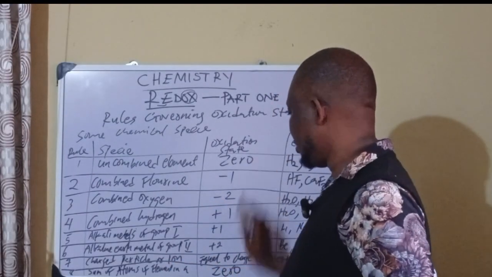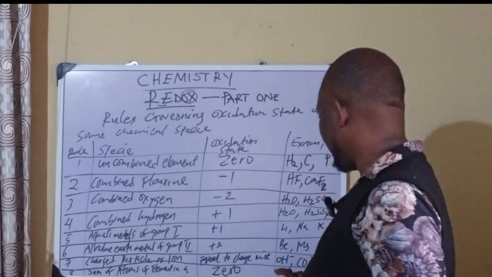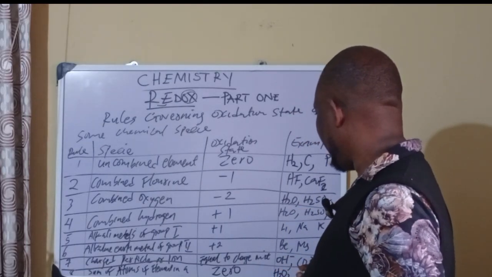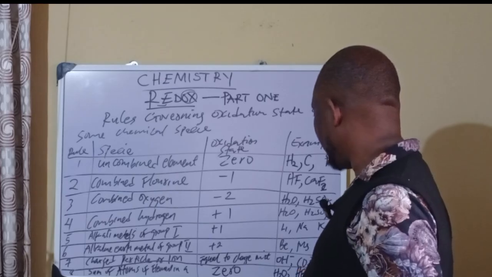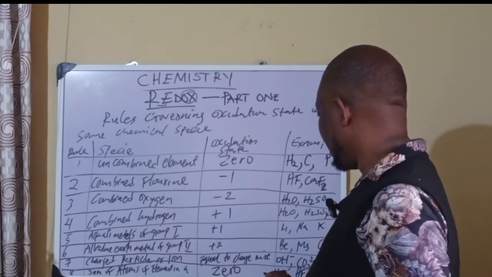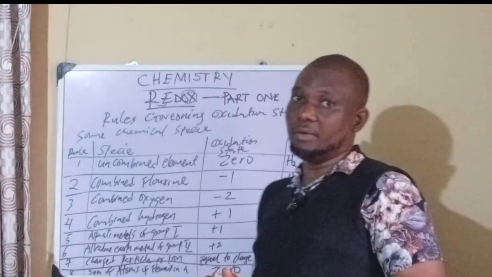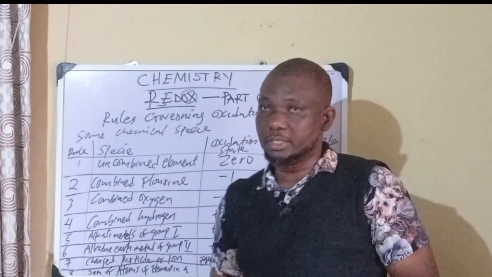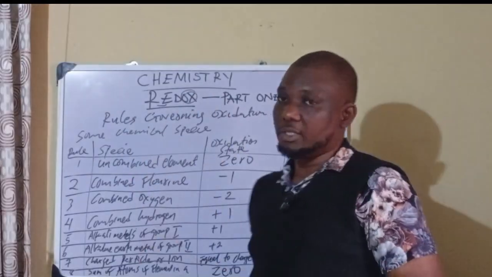So we started with 0 and ended with 0. I'll just give examples of compounds: the sum of the atoms of H2 and O in water, the sum in HF, the sum in H2SO4. For all the atoms of elements in each individual compound, the sum of oxidation numbers is also 0. So these rules are very, very important in going further as far as this topic is concerned.